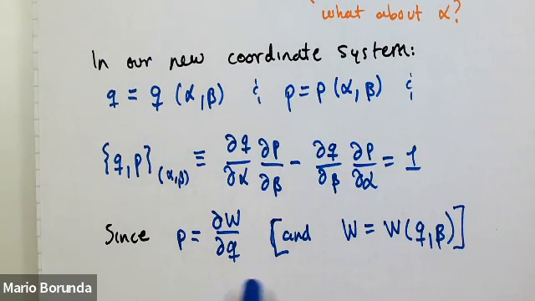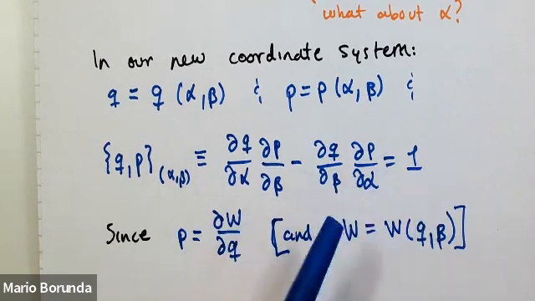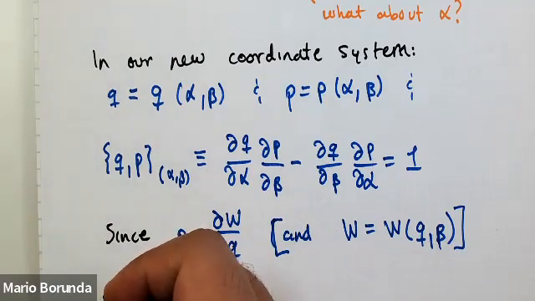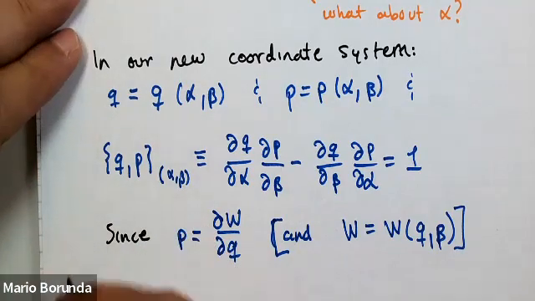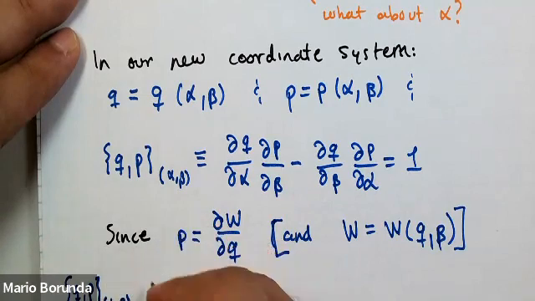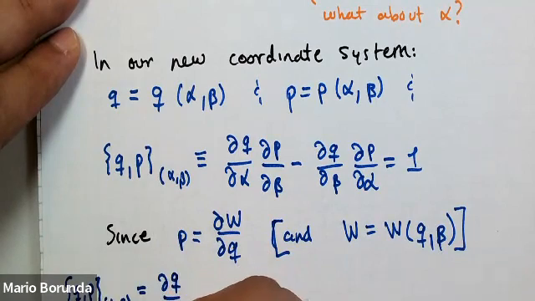So, because of this part, I can rewrite, and this is gonna take a lot of space. Let's see if I can do it here. So this is my Q and P. And I'm gonna have the dQ d alpha.